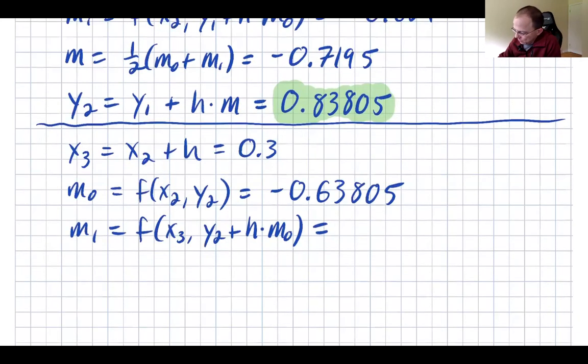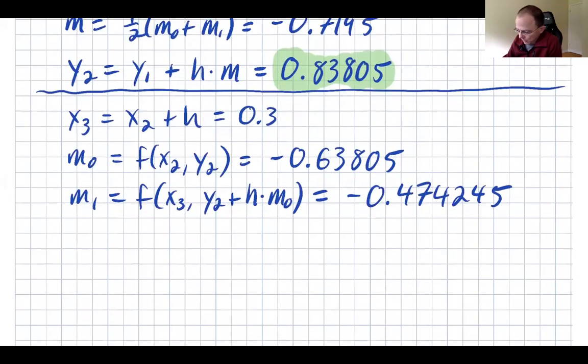Okay, we get negative 0.474245. And then the m is the average of m naught and m1.